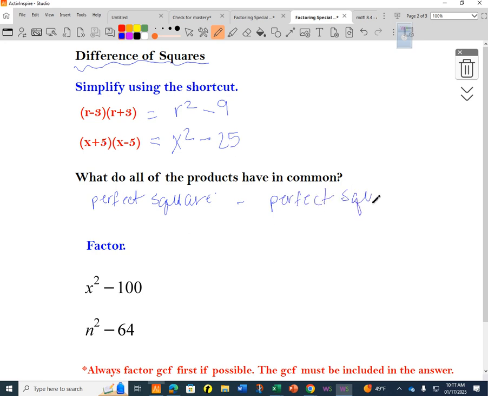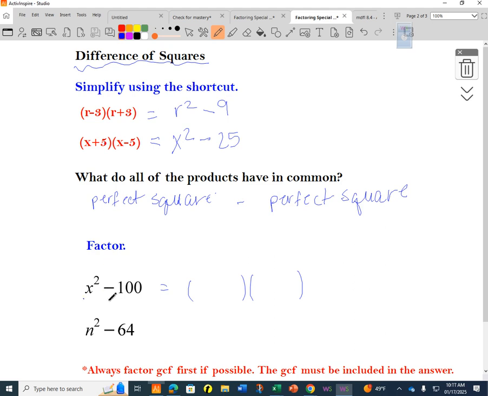If you have a perfect square minus a perfect square, it always factors into two identical binomials except one is addition and one is subtraction. So is x squared a perfect square? Yes. Is 100 a perfect square? Yes. So it's always going to factor into two binomials, so give yourself two binomials.